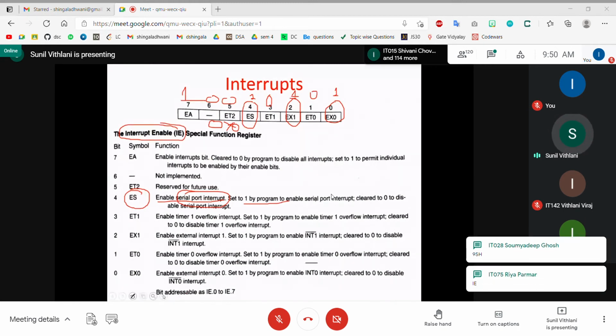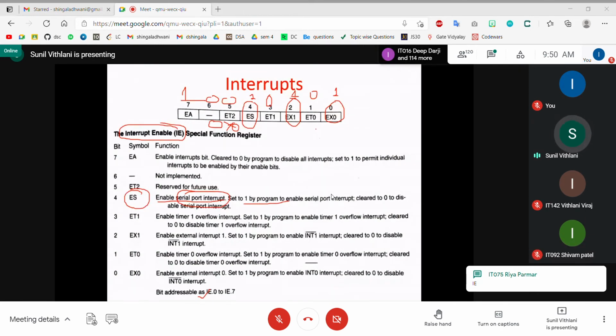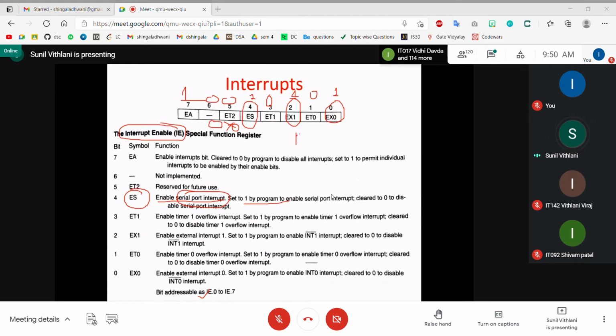And this is bit addressable. It means that individual bits को अगर आपको on off करना है, we can do this by some instructions. We have these instructions, and I will demonstrate the instructions also. So IE0, you will generally use it like this, IE0 or IE1.